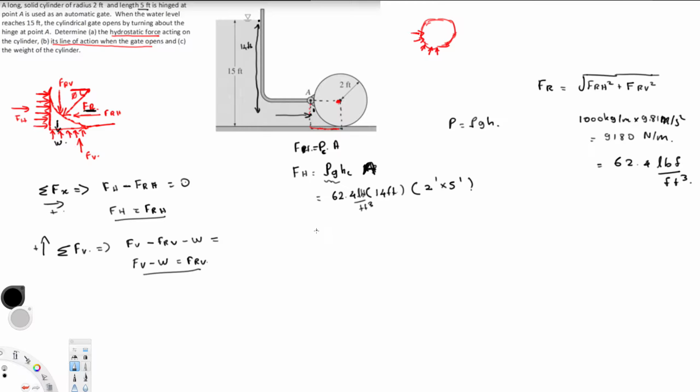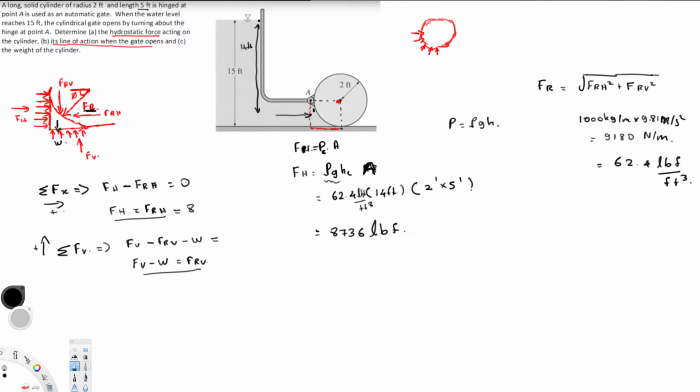If I calculate this value, this comes out to be 8736 pound force. This is the horizontal force, and that gives us FRH, because we know that FH is equal to FRH.